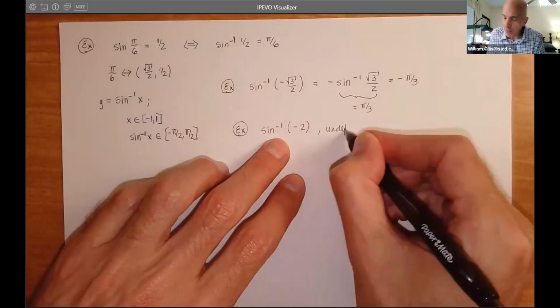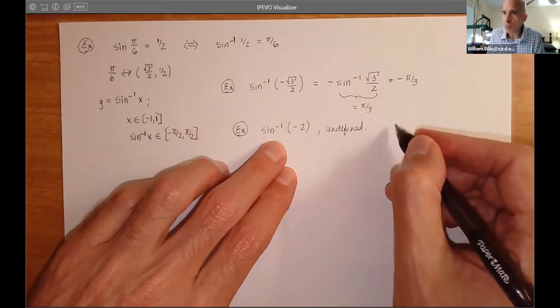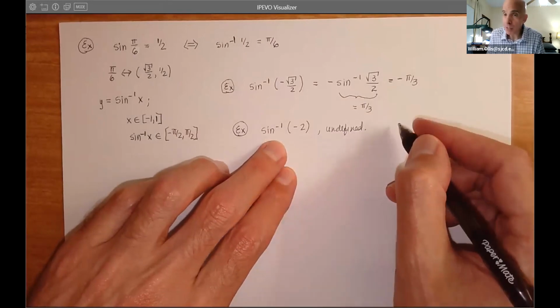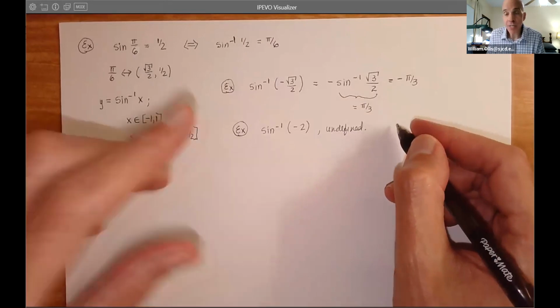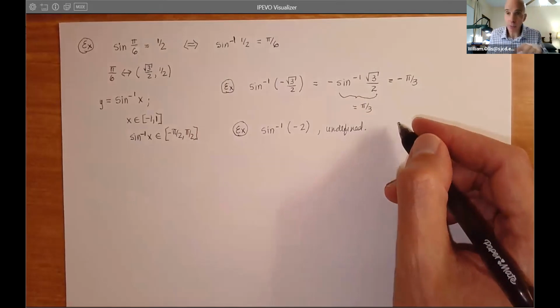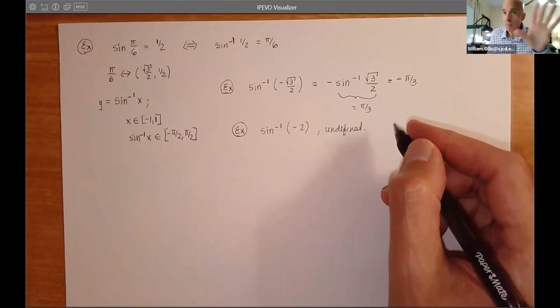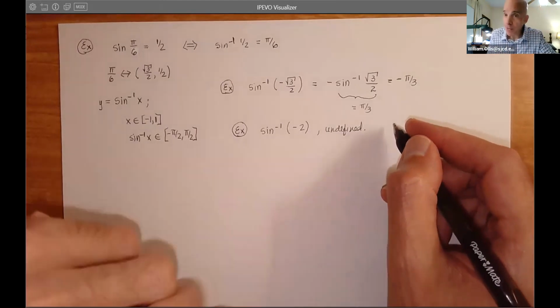So the fact of the matter is that the inverse trig functions are restrictive as to inputs, whereas the regular sine function takes any real number. You can wrap around the unit circle counterclockwise, clockwise, any positive number, any negative number, whatever. That's a very flexible function.